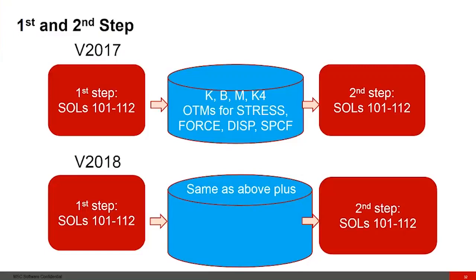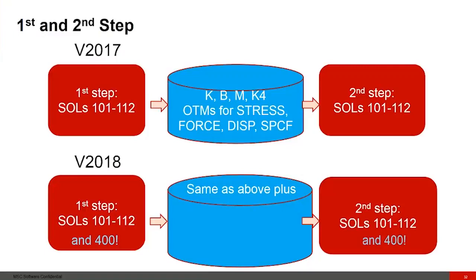The next step was to recover the stresses and other values that you want for the components, and get the data recovery. Now, in version 2018, we have added more capabilities to the OTMs. In the older versions, you could only get the stresses, forces, displacements, and SPC forces, but in the new version, 2018, as you can see, we have added more.